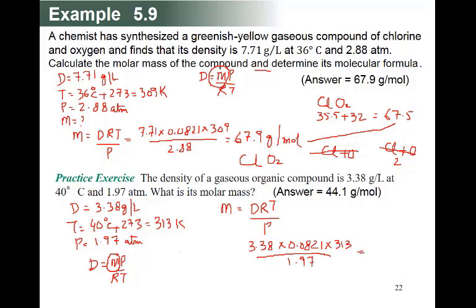So it is equal to 44.0. By calculator it will be 44.08. When you round it, it will become 44.1. Then give the unit gram per mole because this is molar mass. So these are the two problems for the calculation of density and the molar mass.